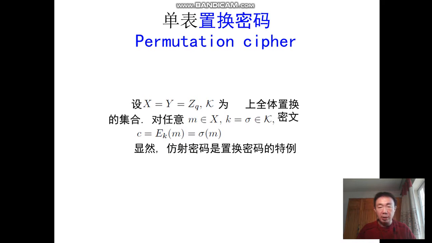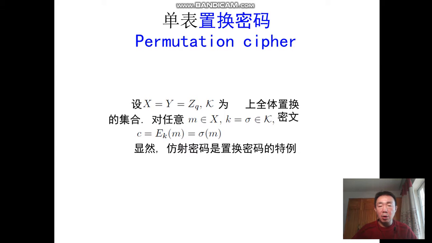You must make sure the right column has no repeated letter. So when you construct a table, you just give a permutation, a new arrangement, of the English alphabet. So how many tables is very easy to understand.